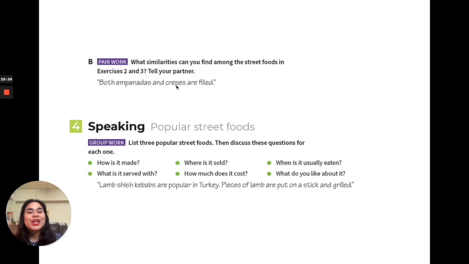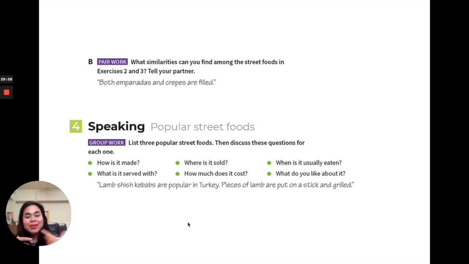And with this one, I know we don't have pair work yet, but find some similarities among the street foods, okay? For example, empanadas and crepes, well, you need filling in that. You don't just eat the cake or the batter, okay? With popular street food, we're going to do this in the live session, okay?